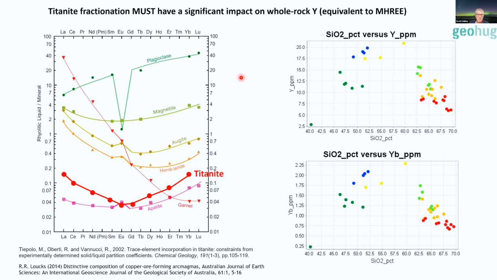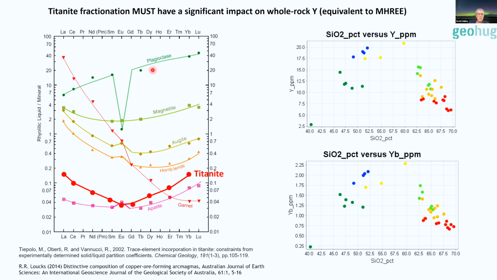Here's another diagram. This comes from Bob Laux, and what he's plotted on this is the partition coefficients between a rhyolitic melt and different mineral phases.